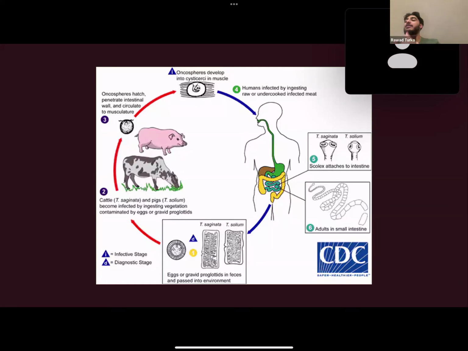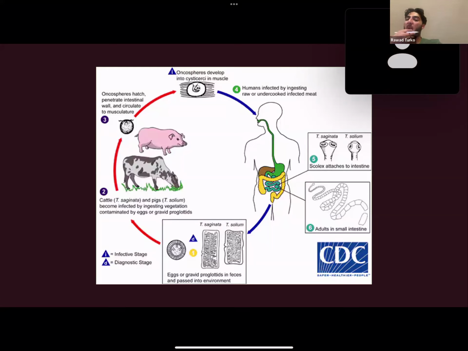Now, when humans eat that pig's raw meat, they can accidentally ingest some of these cysts, and these cysts can then develop and mature in their intestines into the tapeworms, which are Taenia saginata and Taenia solium. Taenia solium for pork and Taenia saginata for beef. And then they would pass off these eggs or the gravid proglottids in the feces, and it would be passed on into the environment.